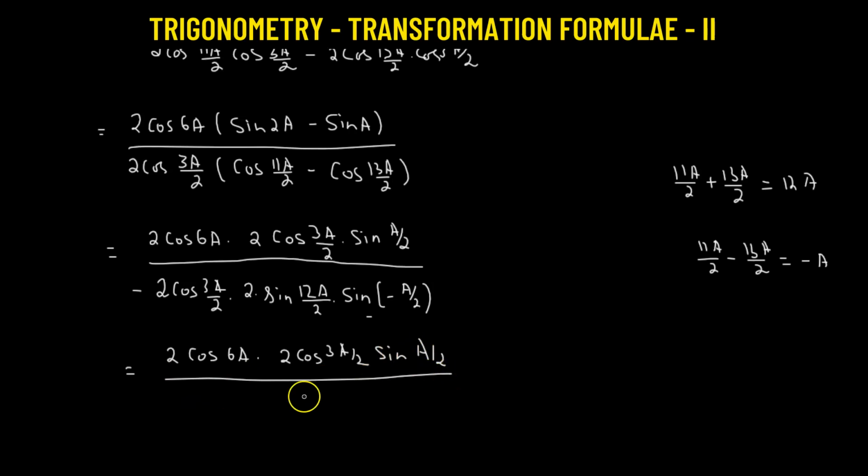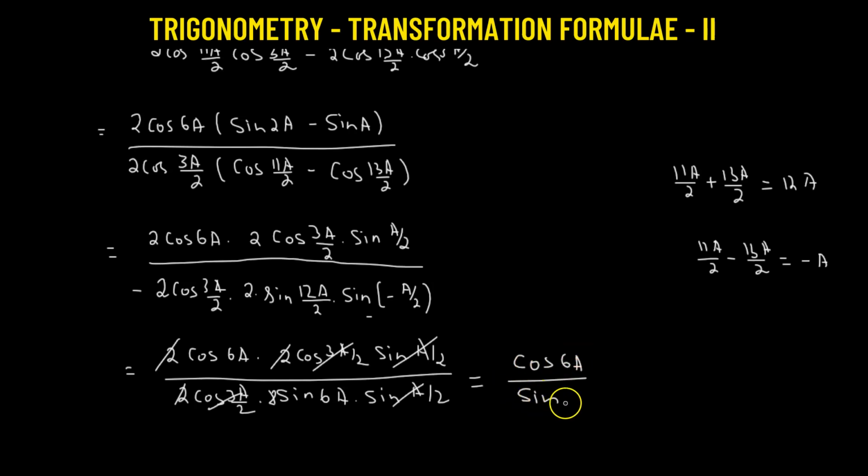In the denominator, we have 2 times cosine of angle 3a over 2 times 2 times sine, 12a over 2 is going to be 6a, multiplied to simply sine of angle a over 2. So here we can factor out 4. We can factor out cosine 3a over 2, sine a over 2 from the numerator and the denominator, and that only leaves us with cosine of 6a in the numerator and sine 6a in the denominator.